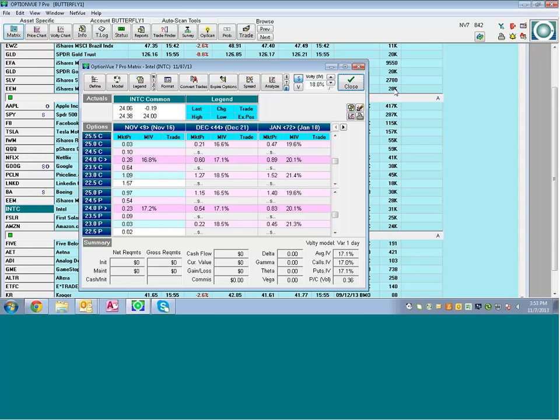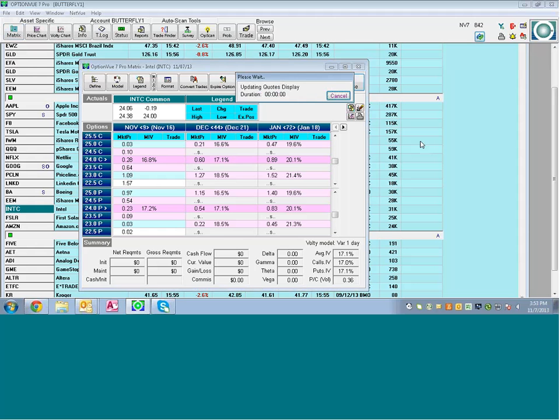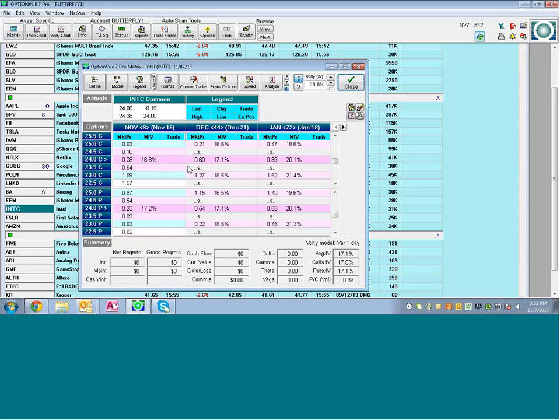If I use this little button in the upper right corner, it would update the quotes display and any open matrices, which would include Intel. So that's the fast way to get a quote, to use this little refresh button. Now I've gotten the price of Intel for today and all the option prices.